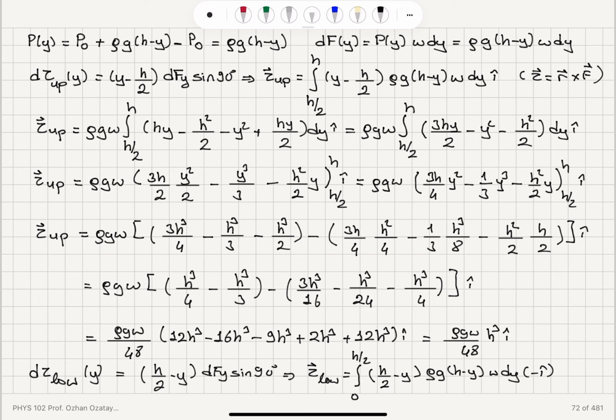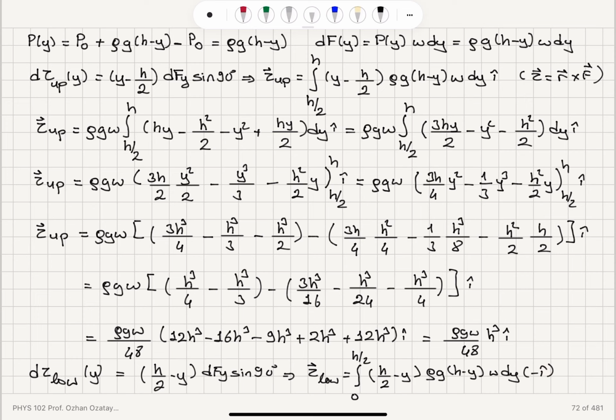The torque for the upper portion, as I said, is (y minus h over 2) dF sine 90. This has to be integrated between h over 2 to h, that's the upper portion, and that gives me an answer, rho gw over 48 h cube I hat. For the lower portion, the distance is h over 2 minus y. It is in between 0 to h over 2 in minus I hat direction.